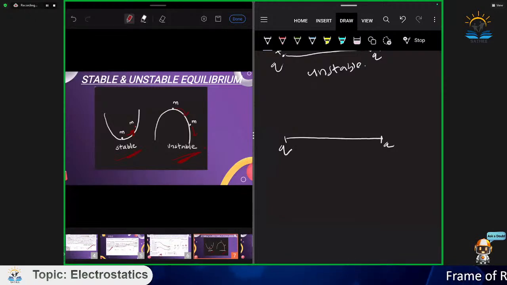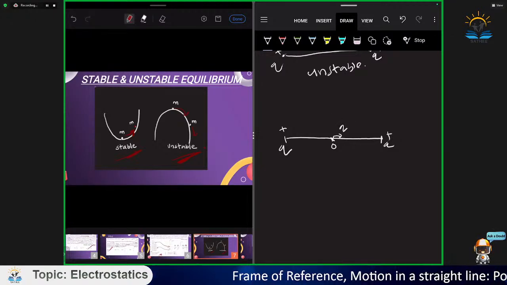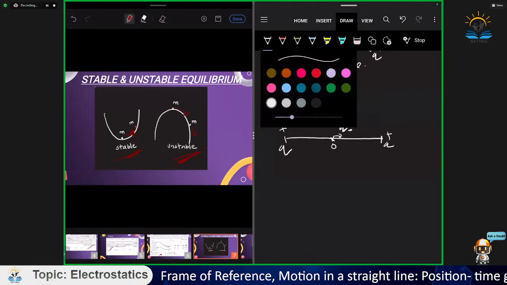And see, in this case, here we have a Q and we have a Q. Two charges I'm placing, each with positive charge. Along the same line from the origin, I'm just shifting Q0 towards one charge. So what will happen?